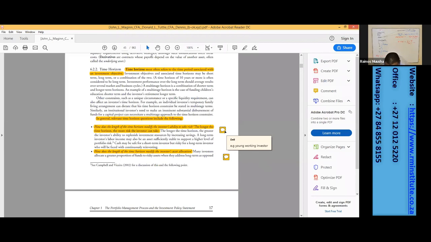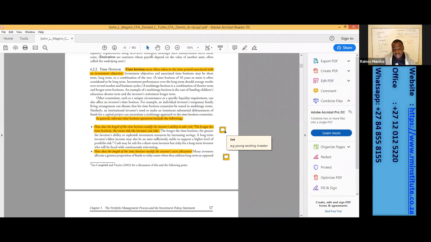Mainly because, for example, you now need to check exactly your investment portfolio, especially when it comes to pension funds as well. When you're looking at institutional investors, if the company has a lot of young employees, it basically means that if they are going to be investing money in the pension fund, they can now take on more risk.